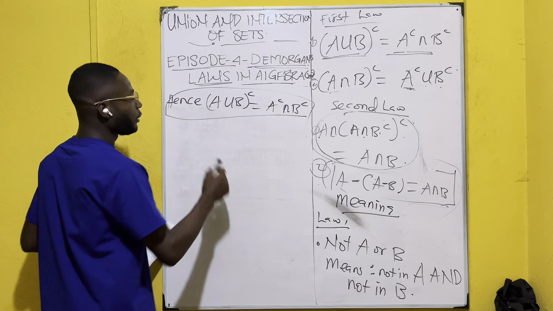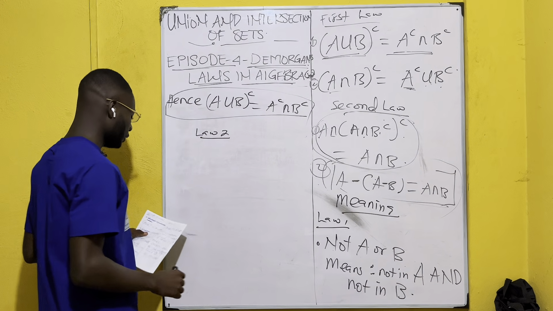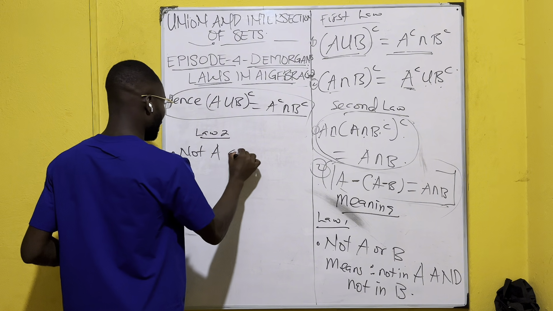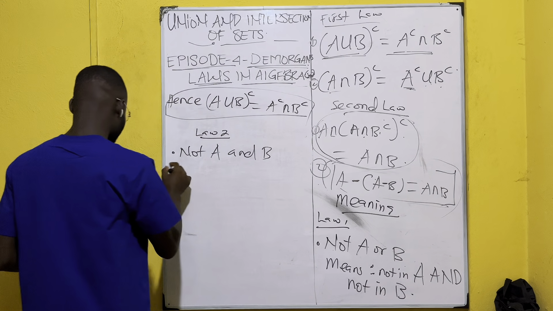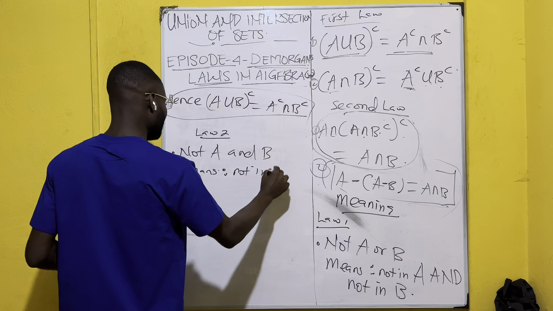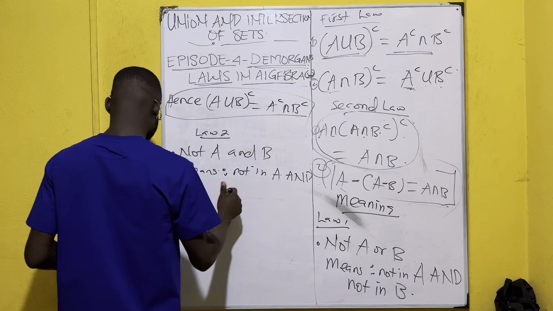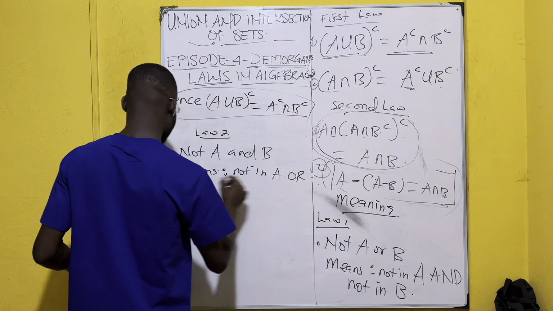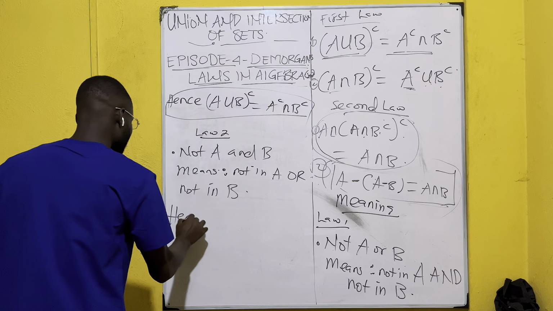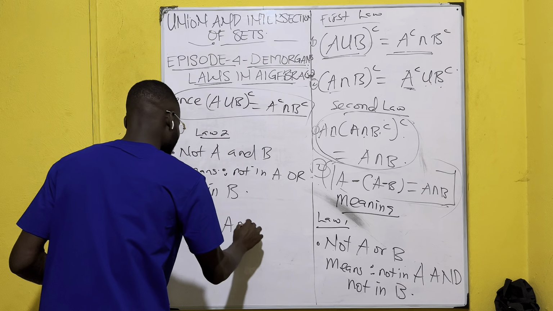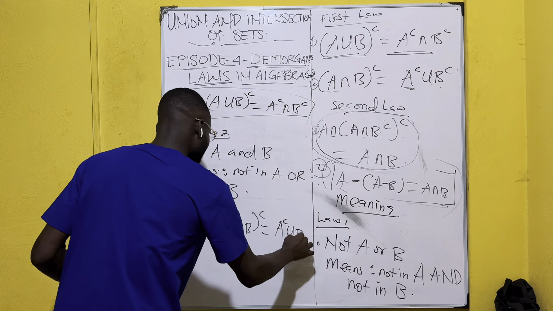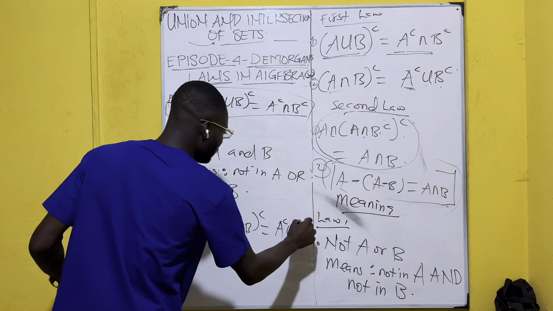So let's look at law 2. Law 2. So we say that not A and B means that not in A or not in B. Hence A intersection B complement is the same as A complement union B complement, right?